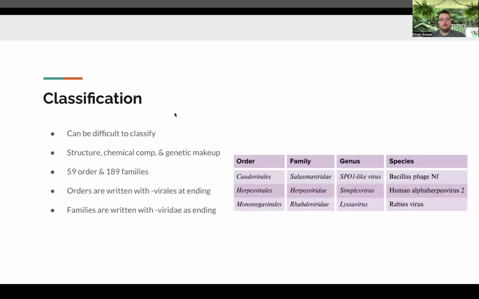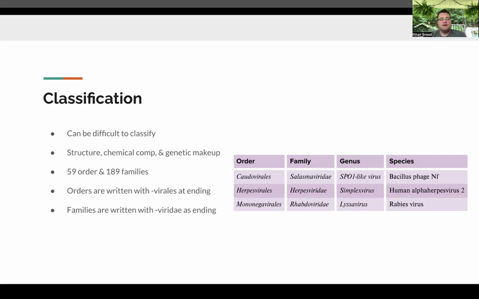Now we're going to move on to how viruses are classified. Classifying viruses can be very difficult because they're so small and there are so many of them. They're usually classified based on their structure, chemical composition, and genetic makeup, which is fairly similar to how different types of microbes are classified as well.